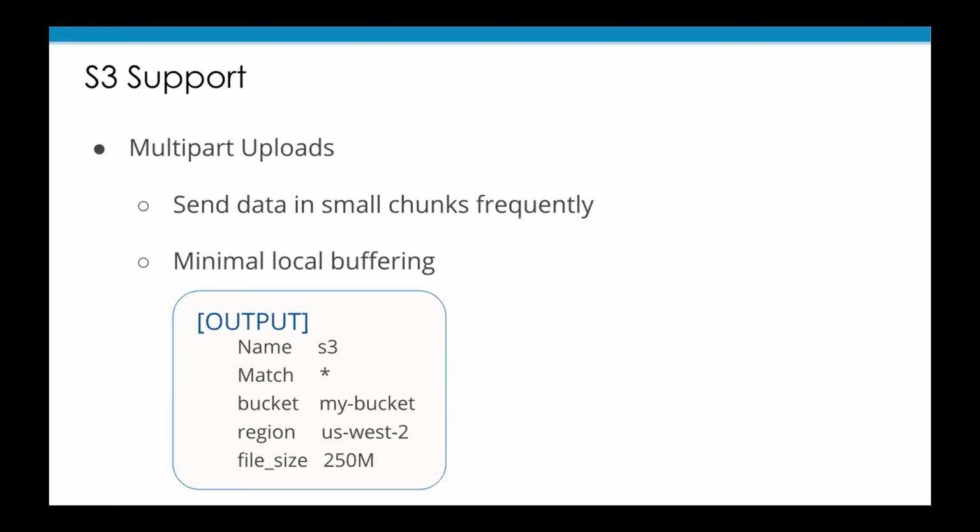That way you'll get nice large files in S3 created over time, but Fluent Bit will not be buffering very much data locally, which means that you're not at very much risk of losing data if Fluent Bit quits, or if your instance goes down that you're running Fluent Bit on, or anything like that, because it's sending the data off to S3 basically as quickly as it gets it. It's streaming it basically. That's the goal.